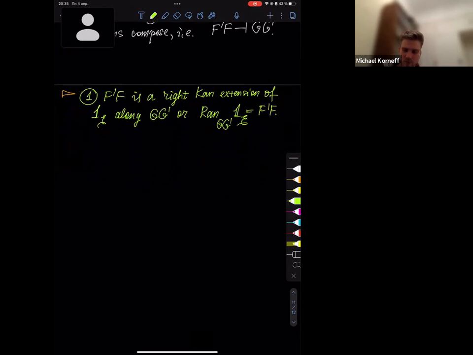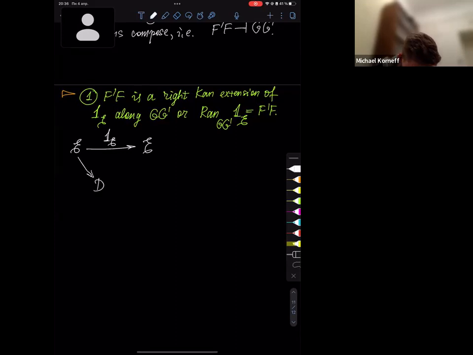Okay, now draw the diagram in which this is an identity functor.